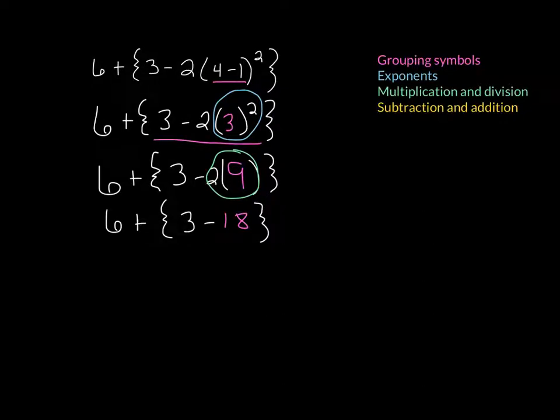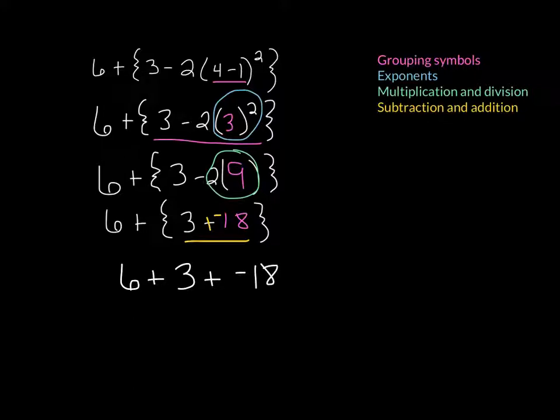Okay, now within the grouping symbol, we look at it as addition or subtraction. Since we're down to all addition, we can take the grouping symbol away and just add or subtract.